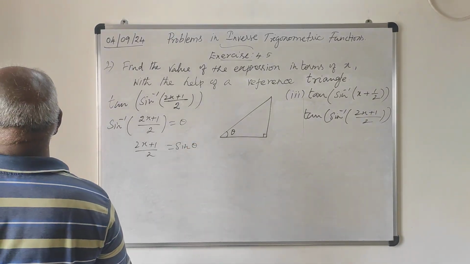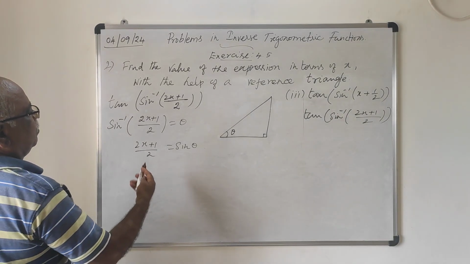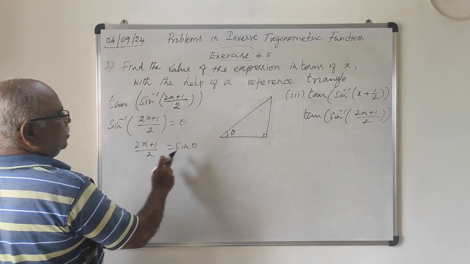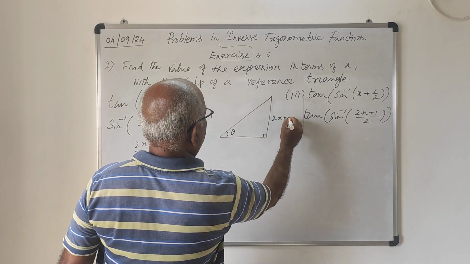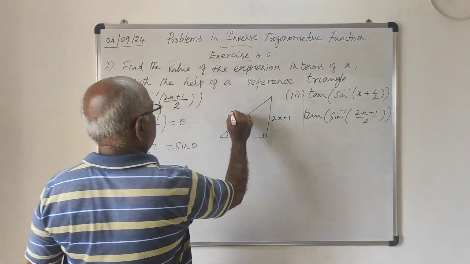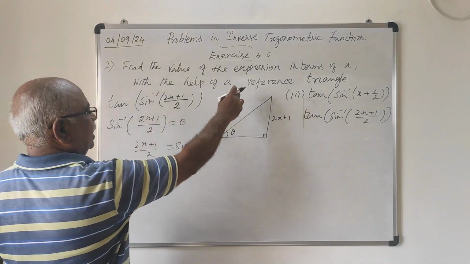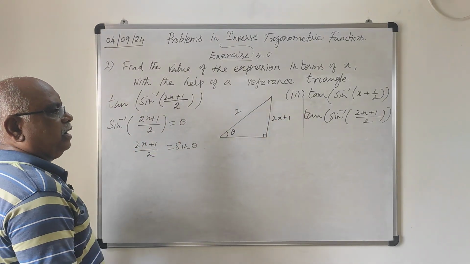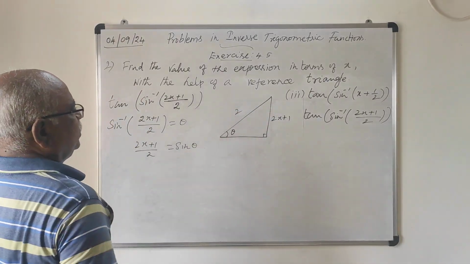So, sin theta is opposite side by hypotenuse. Opposite side is 2x plus 1. Hypotenuse is 2. So, from the reference right angle triangle, sin theta is opposite by hypotenuse, 2x plus 1 by 2.